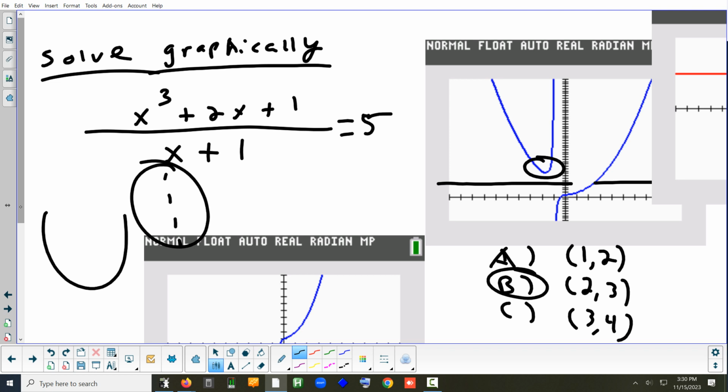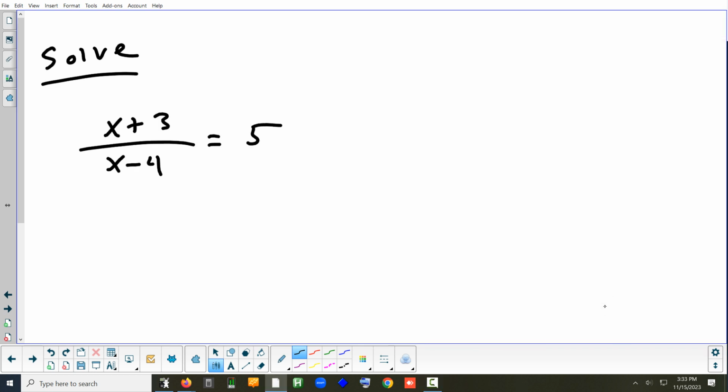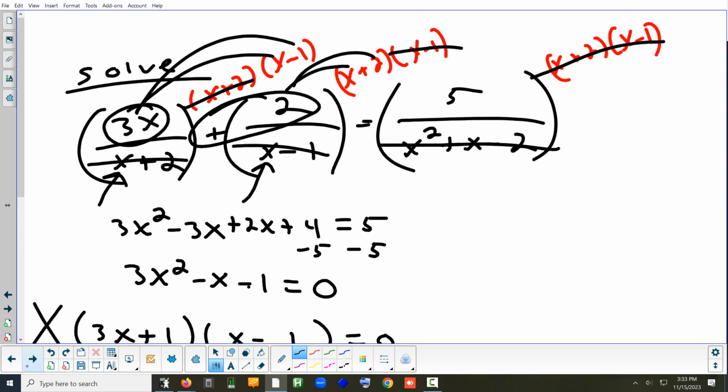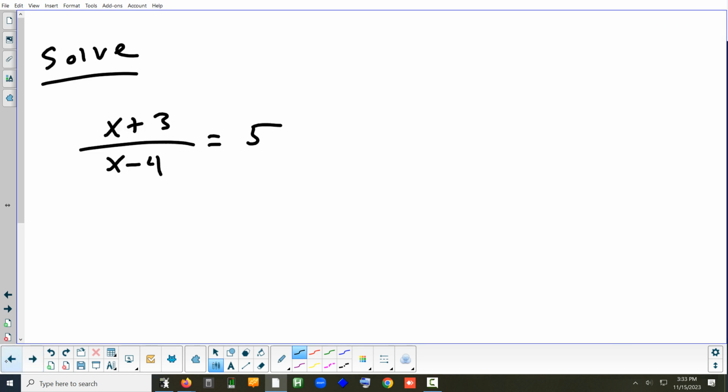So we got that. Take a look. Here's another rational equation. It is a little bit simpler than this one, because this one had 3 separate fractions. This one only has 1. So we want to get rid of this x minus 4.